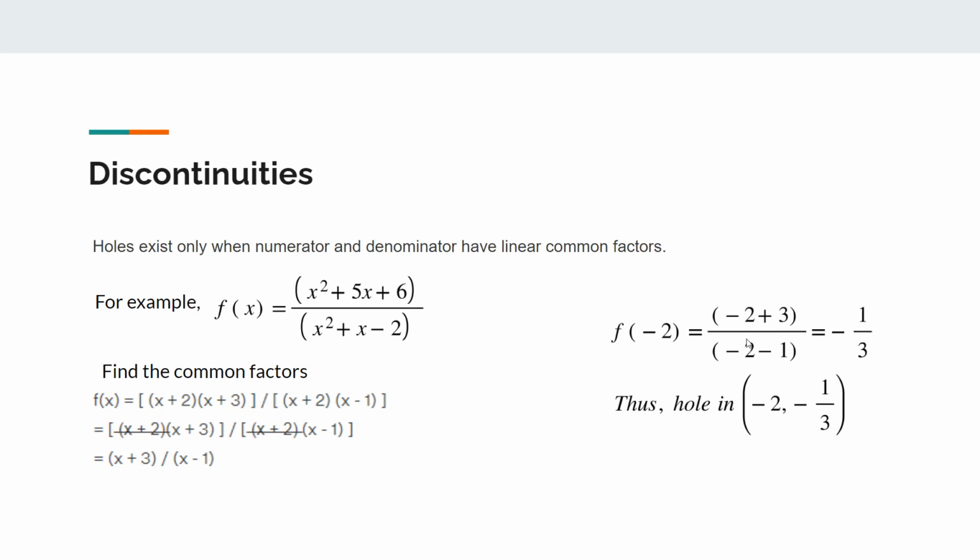Once we get that, we can plug in x equals negative 2, and we get negative 1 over 3. So the x will be negative 2 and the end product y will be negative 1 over 3. And this is the hole, the coordinates of the hole.